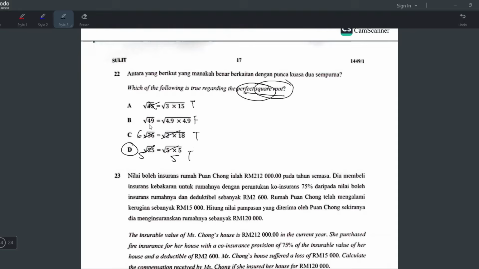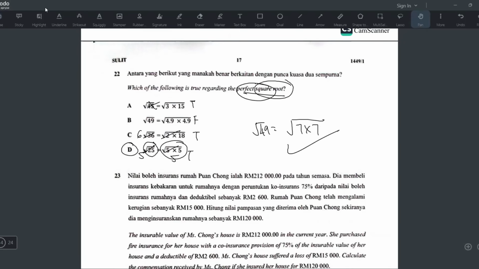Because square root 49 is 7, right? So if they write square root 49 equals to square root 7 times 7, then it's correct. But they write 4.9, so I don't think you boleh tulis macam ni. So I think the correct one is D lah. Yeah, this one makes sense. Yeah, it's the perfect square root. Okay, so D is the answer that makes sense.